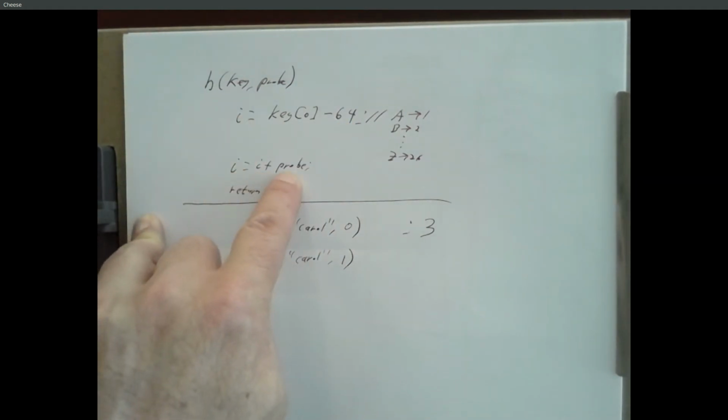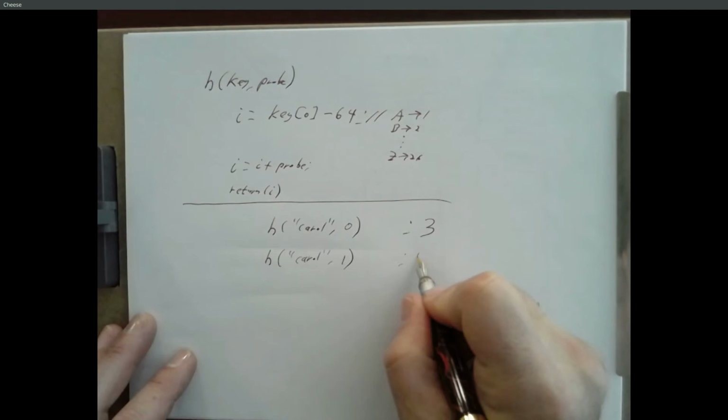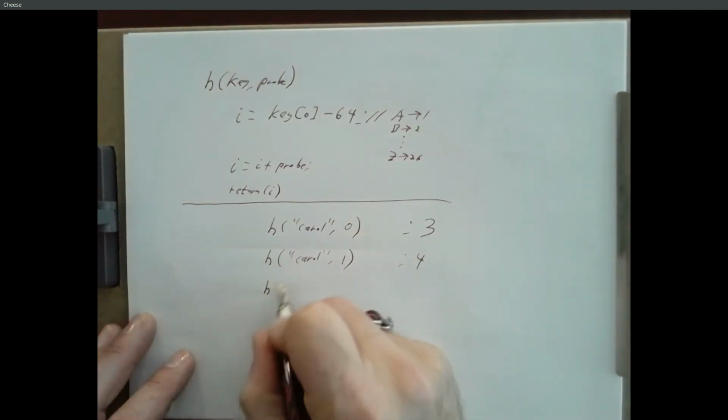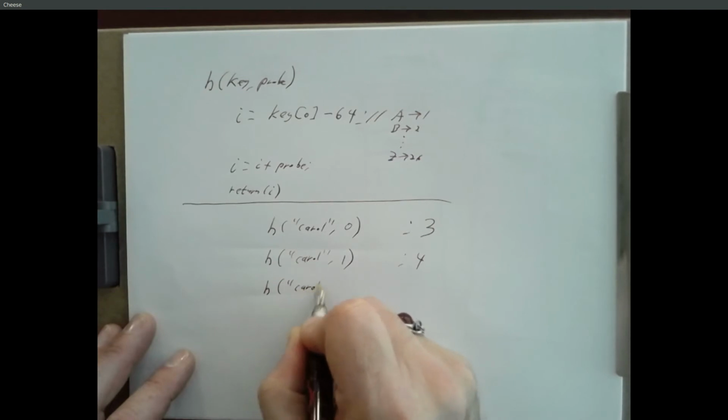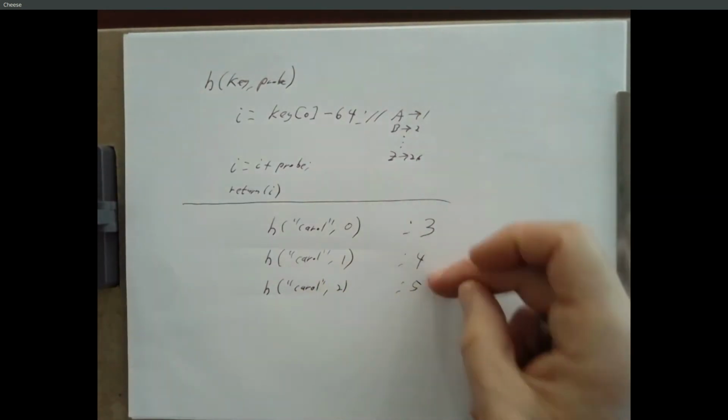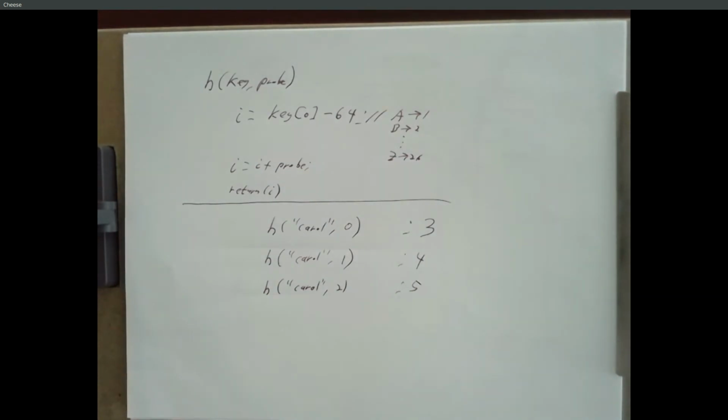Going to add a probe of 1, that's 4. I'm going to return a 4. And you can see this is doing exactly what our first attempt at dealing with collisions was doing, which is it just returns successive locations. So that's like sequential probing.